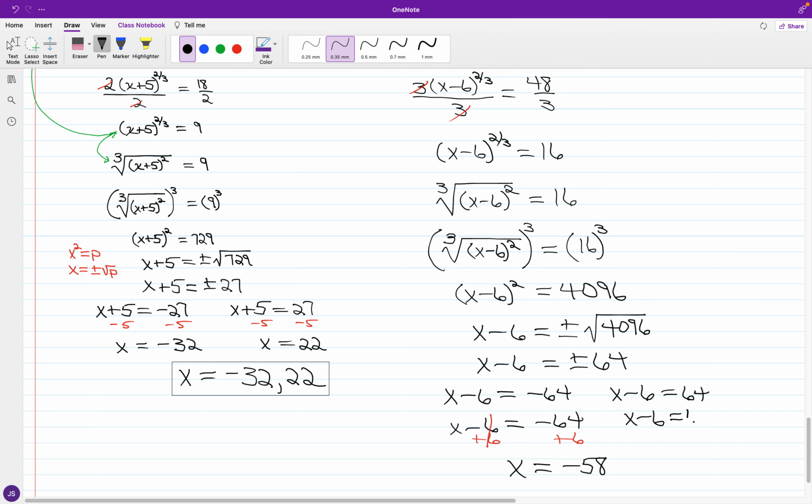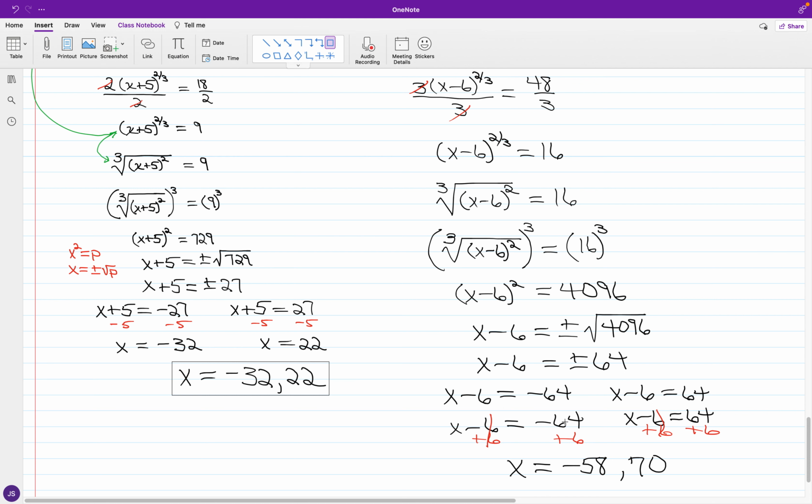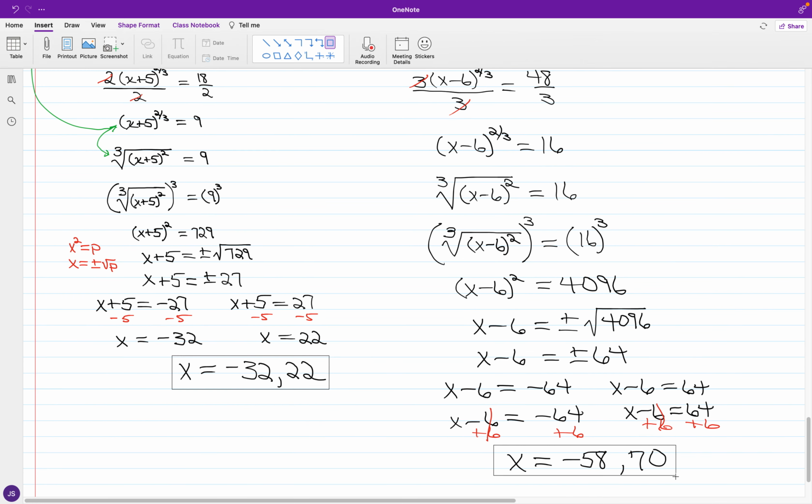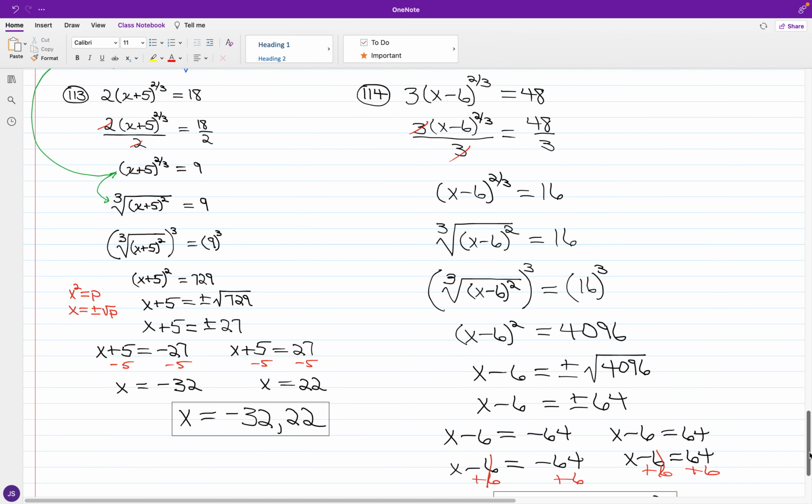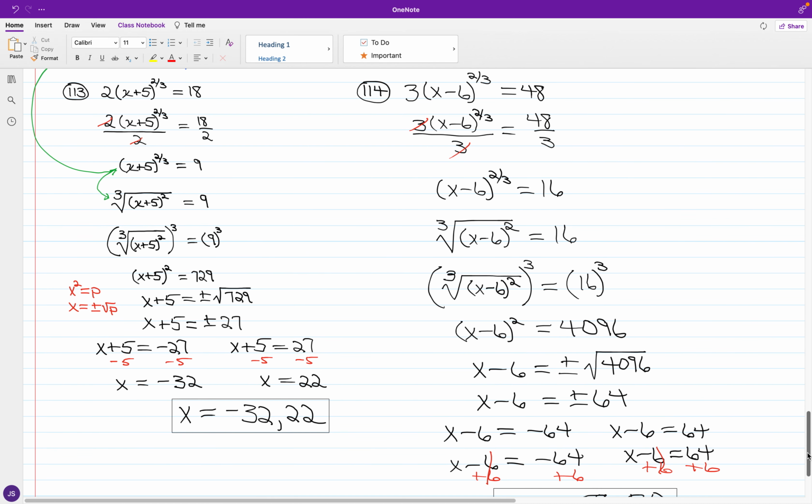And for x minus 6 equal to 64, if I add 6, in this case the upper value is going to be 70. So there'll be two solutions here for x, the numbers negative 58 and 70. Both of these problems had the power to which the base was raised be 2/3.